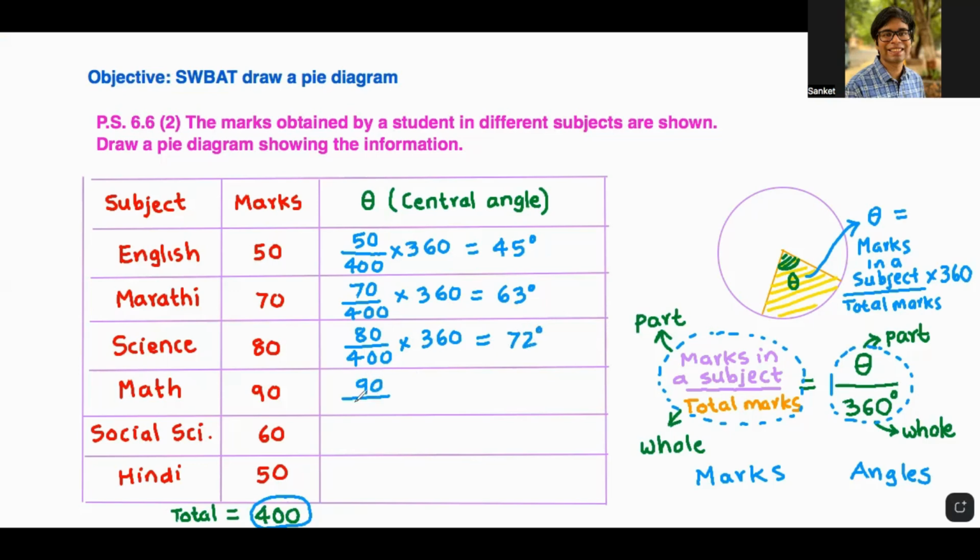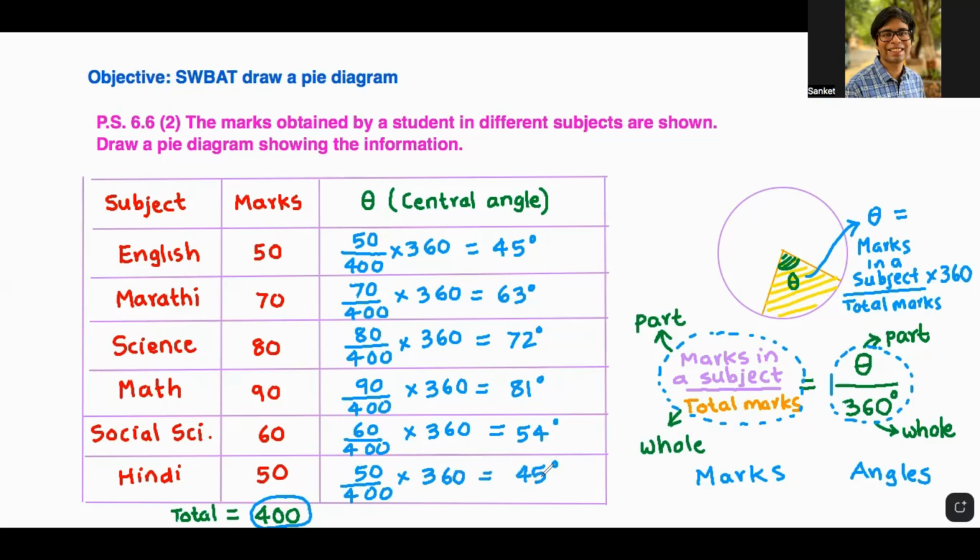Marks in math divided by total marks multiplied by 360. It's going to be 81 degrees. Marks in social science upon total marks multiplied by 360. It's going to be 54 degrees. Marks in Hindi upon total marks multiplied by 360. This will come out to be 45 degrees.